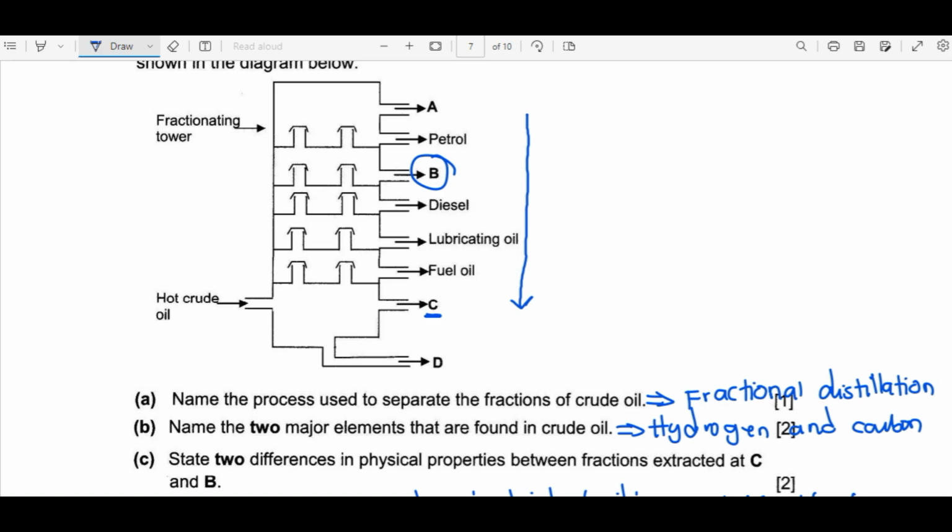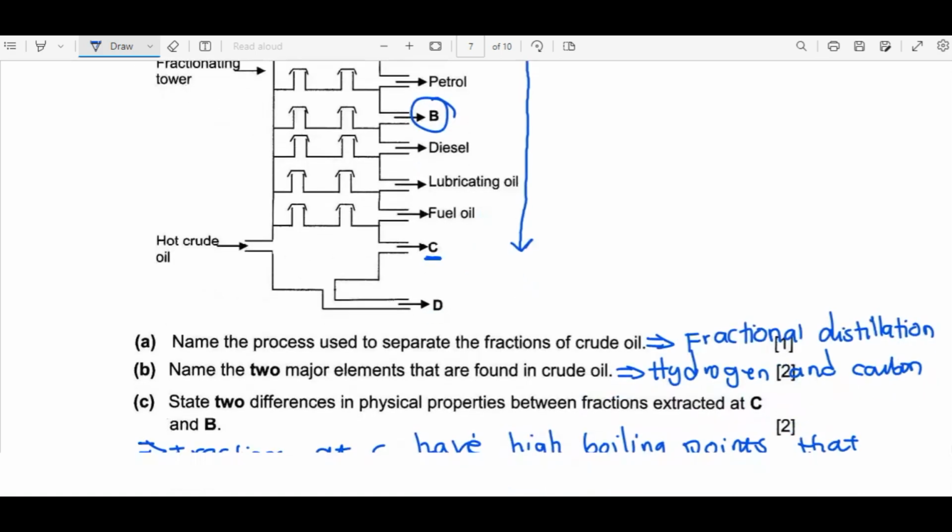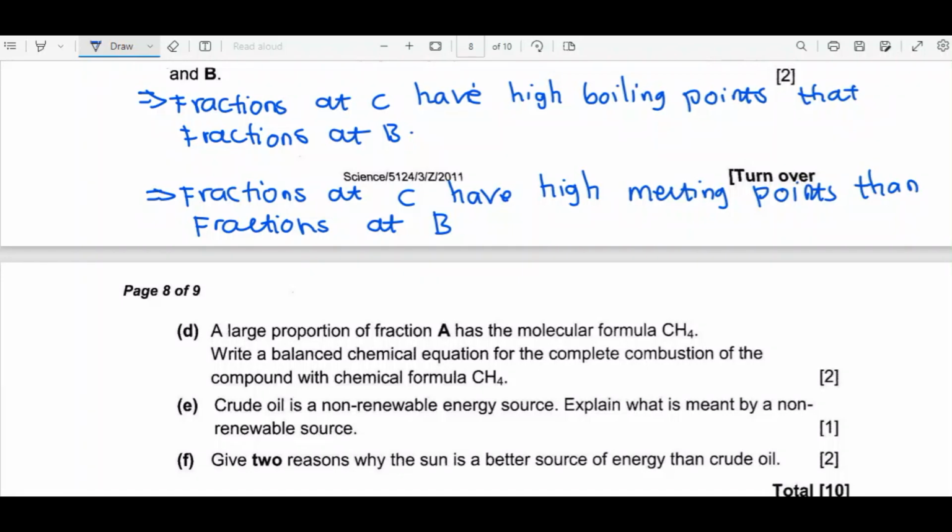Why? Because as we move down here, the number of carbons for each molecule increases.